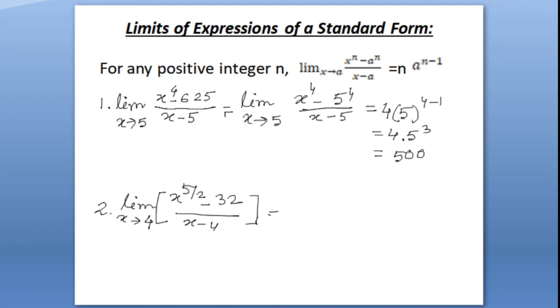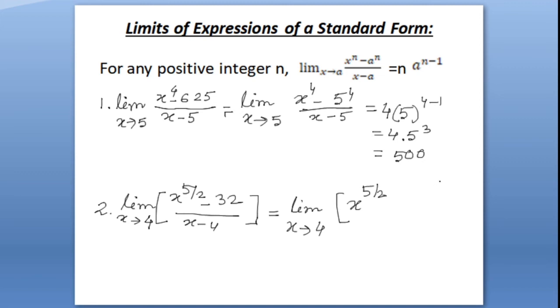And for the next sum, again the same formula we will use, limit as x tends to 4, here it is given x to the power 5 by 2 and here 32 is given, and we need to convert this to a to the power 5 by 2.